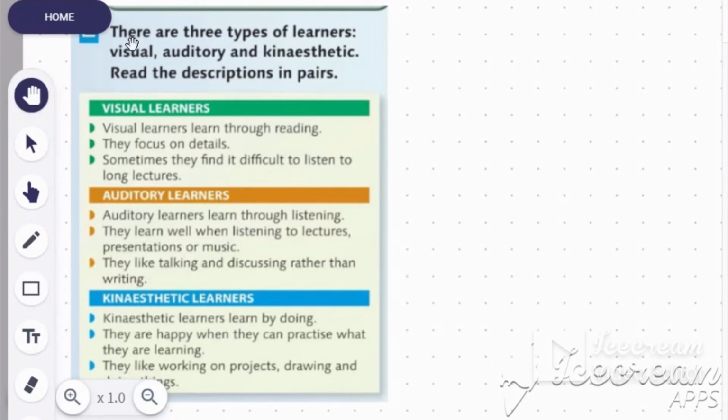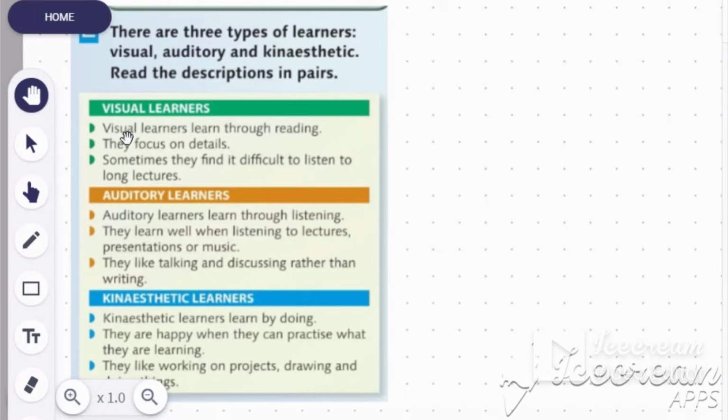There are 3 types of learners: visual, auditory, and kinesthetic learner. Now, we will go to exercise number 3. There are 3 types of learners: visual, auditory, and kinesthetic.